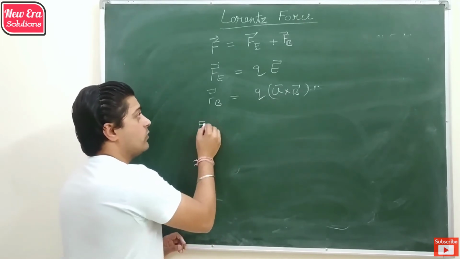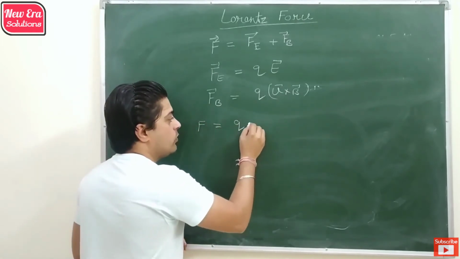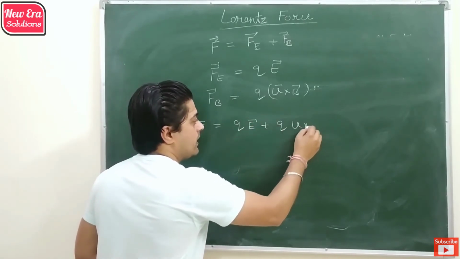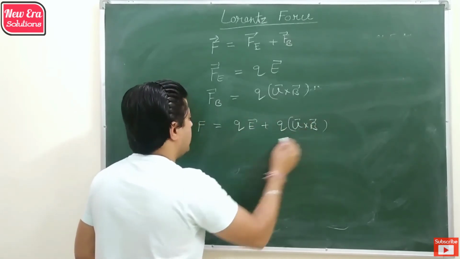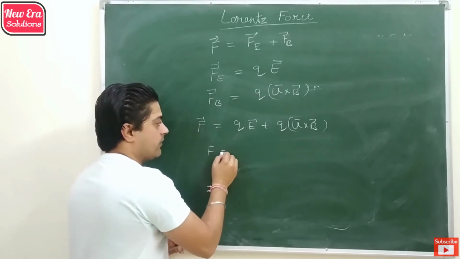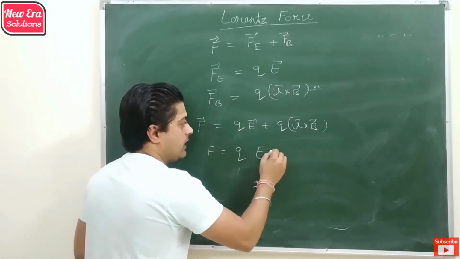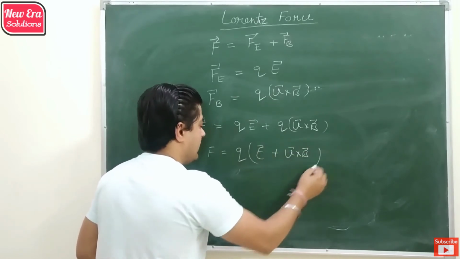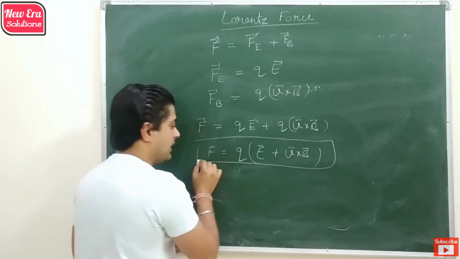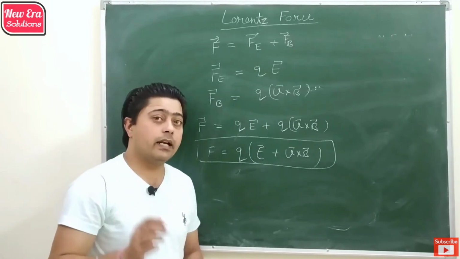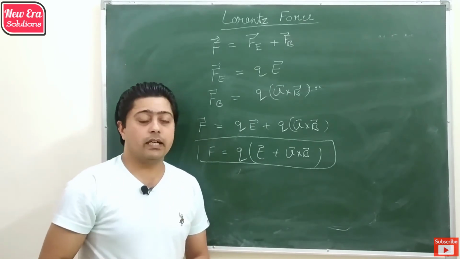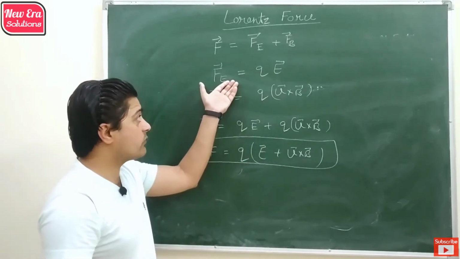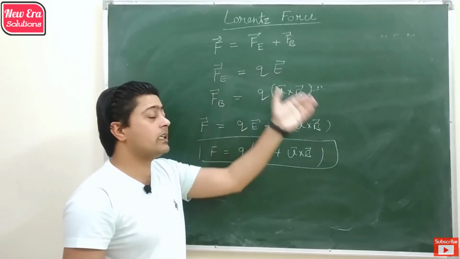So the Lorentz force is qE plus qv cross B. Then we can write q(E plus v cross B) as the net force experienced by a charge in electric as well as magnetic field.